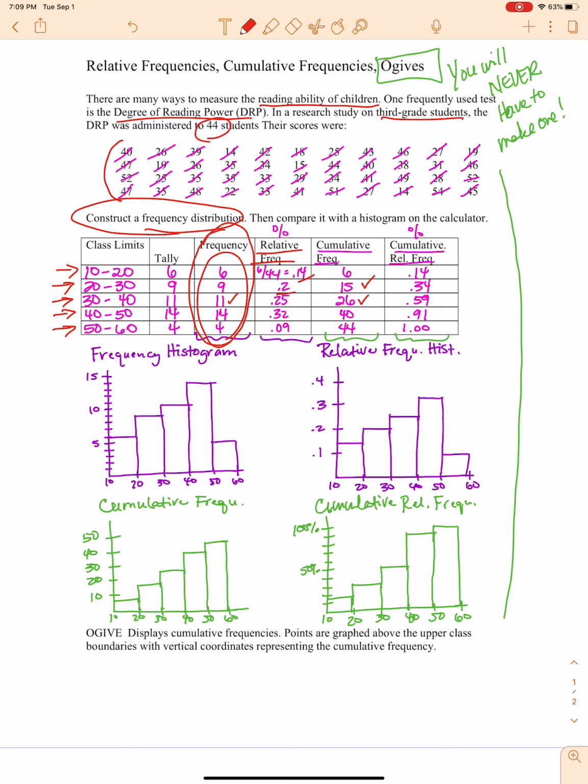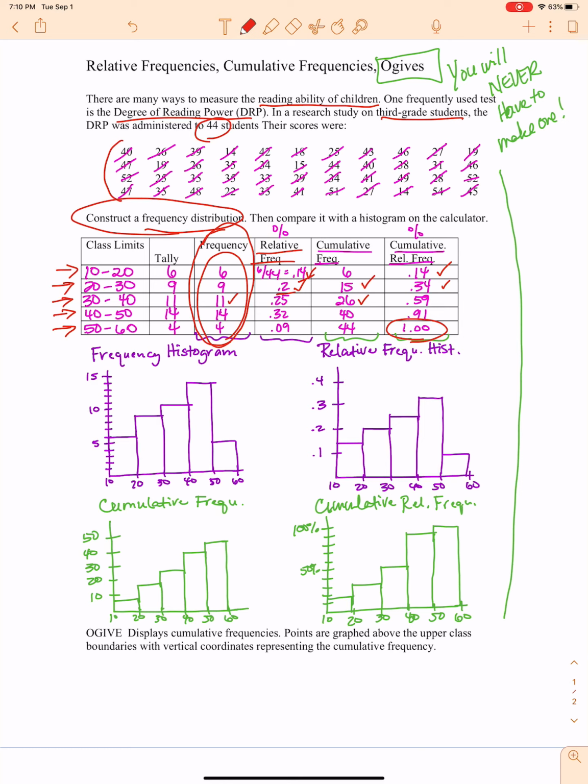All right, my final column, cumulative relative frequency. Now I'm taking my percentages and I'm accumulating them to the end of this as well. So that means I start with 0.14 and then I add 0.2 to give me 0.34, and then look what happens at the end of the cumulative frequency. It's the total, so 100%, or 1, since I'm writing them as decimals.